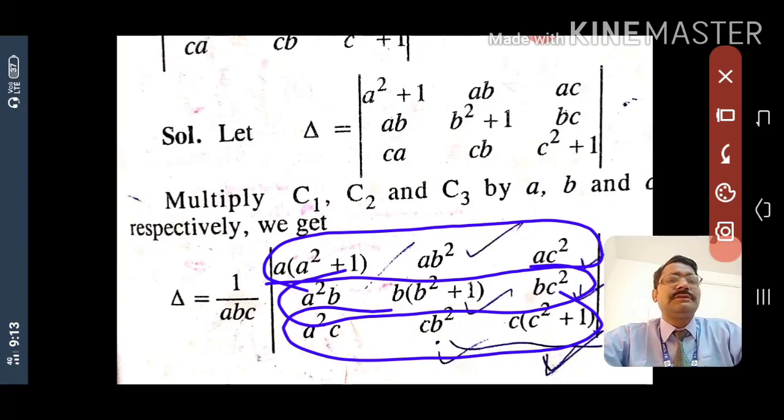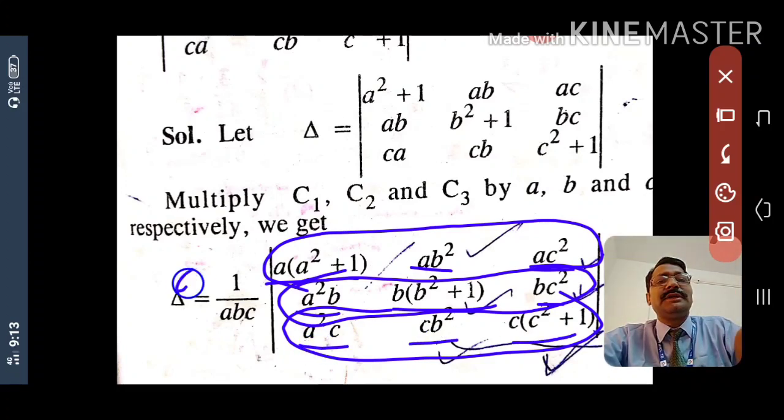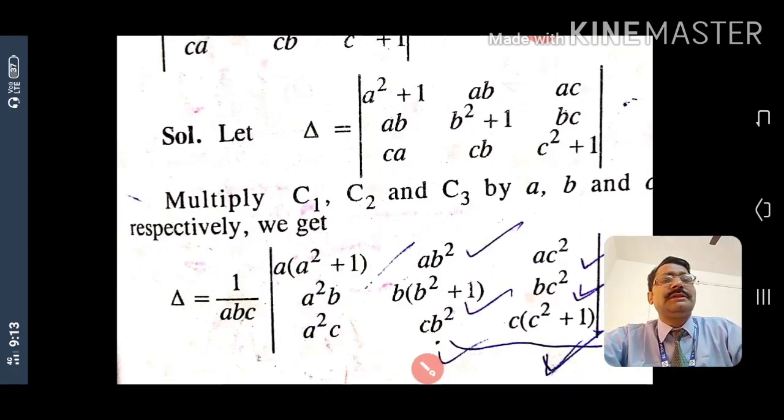When you take first row common a, what is remaining? a square, plus 1... b square and c square. Second row what will we have? a square, b square plus 1 and c square. Third row you take common c, then what you get? a square, b square and c square, and that you write abc outside, and that abc and abc will be cancelled.